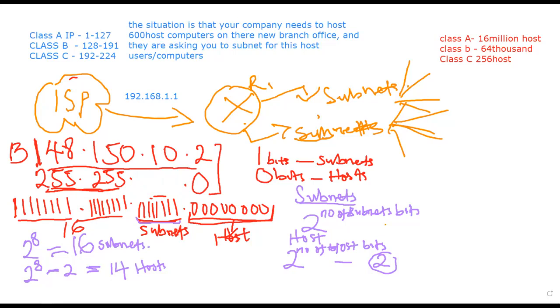Let's change this 255, or let's make it 192. Let's make it 192 for this whole octet. I'll just erase all this for now.